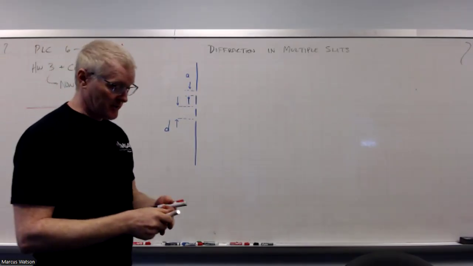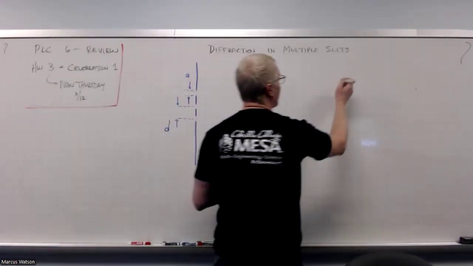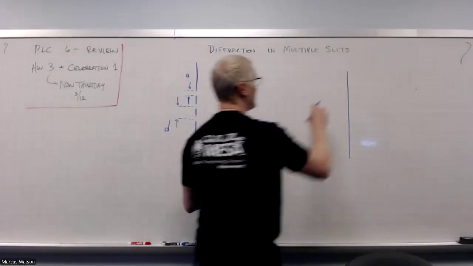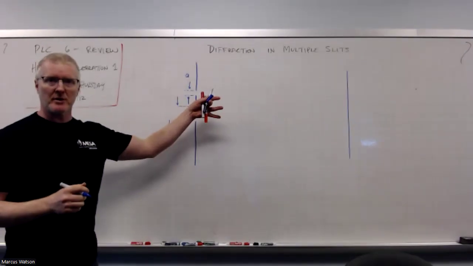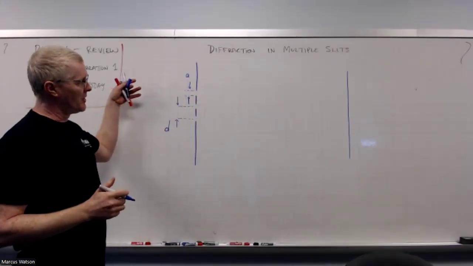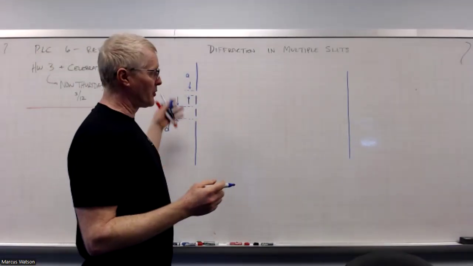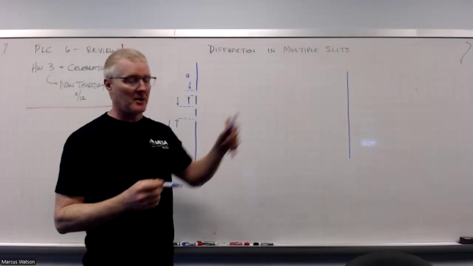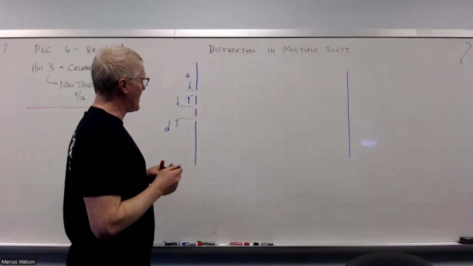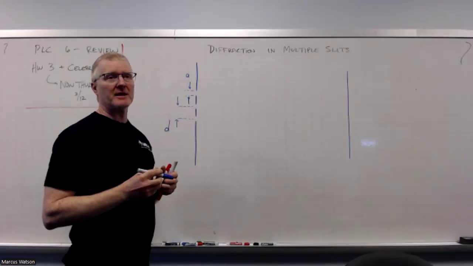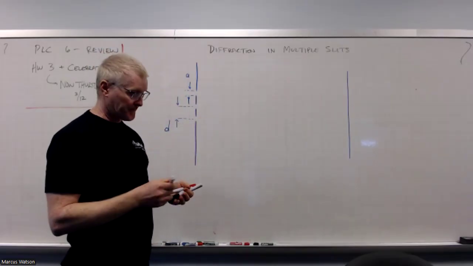Now, if we consider a screen out here, and we're going to think about the light that comes out of the slits, because we are illuminating the slits with our laser source. Okay, so straight across means the same thing as what's been happening before. We should have a bright central maximum. Okay, but now as we start going off to the side, we want to start thinking about what is it we're going to see.